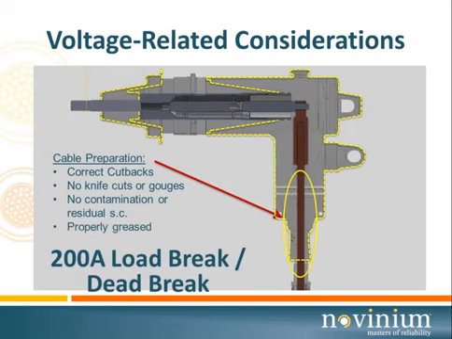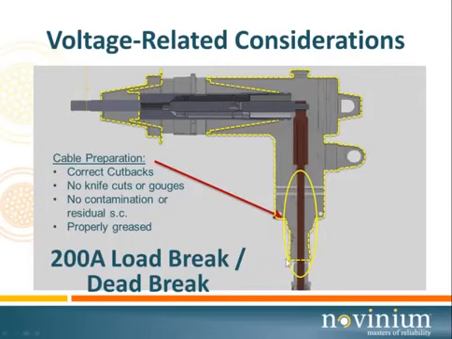The next thing is we have to make sure that we grease things properly. We're going to talk about greasing the housing also, but you're going to see in a minute that it's difficult to do that, so it's very important that we grease the cable properly. Greasing does a lot of things. It certainly makes it easier to slide the housing on, but grease also fills in microscopic defects or areas where air can get trapped.